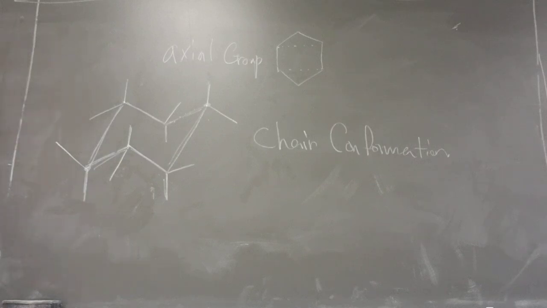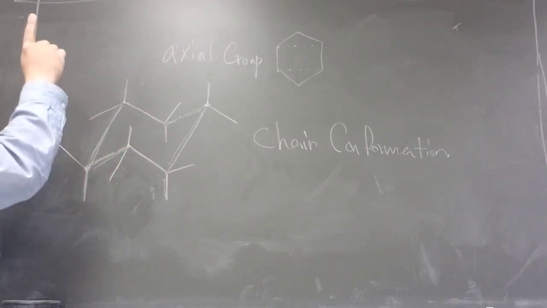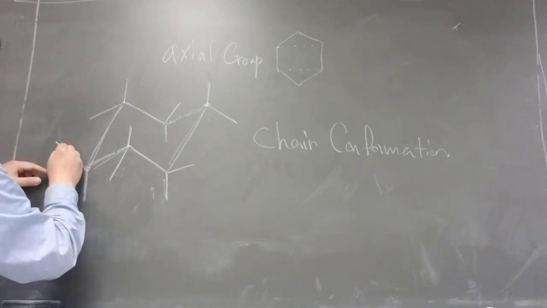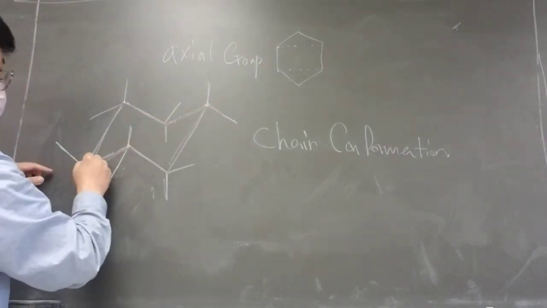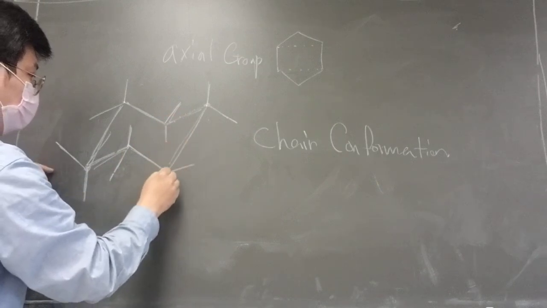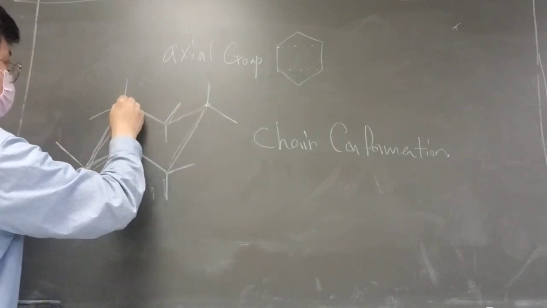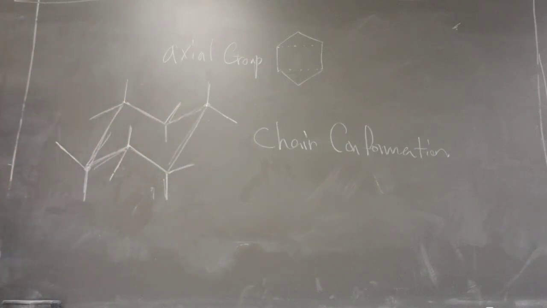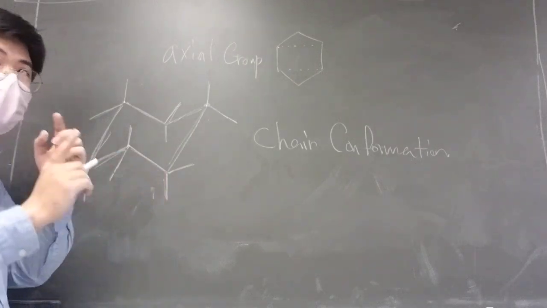Okay? So you see the lines don't go either up or down, but go parallel to the lines here, here, here, right? Here. They're not in a vertical way.